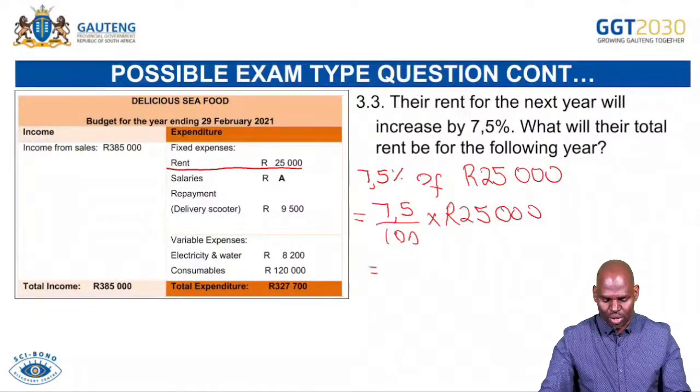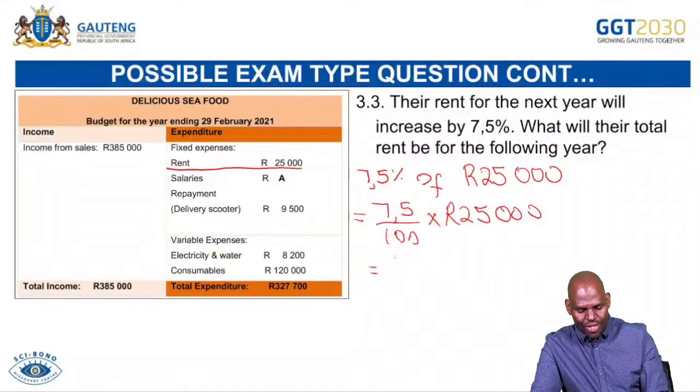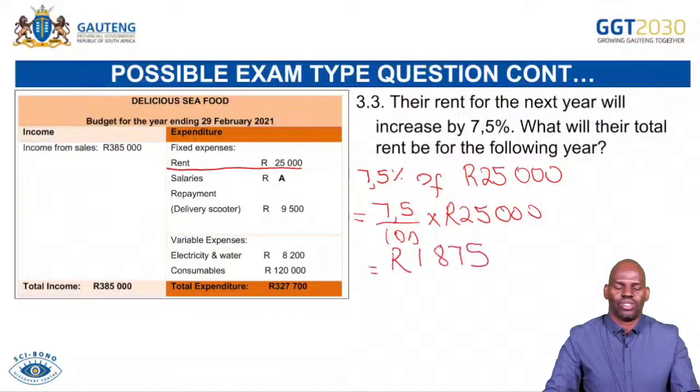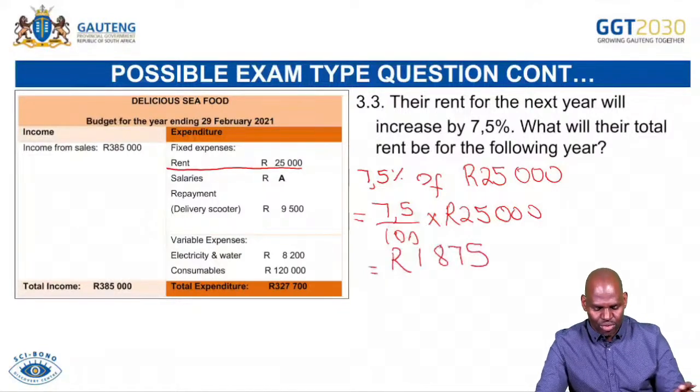So if you use your calculator, 7.5 divided by 100 and then multiplied by 25,000, it's 1,875. So the rent is going to increase by 1,875.